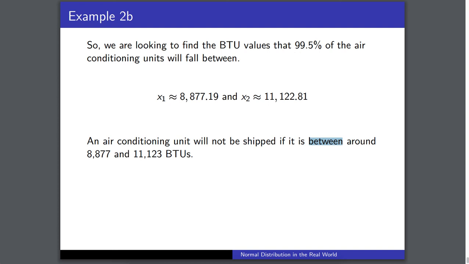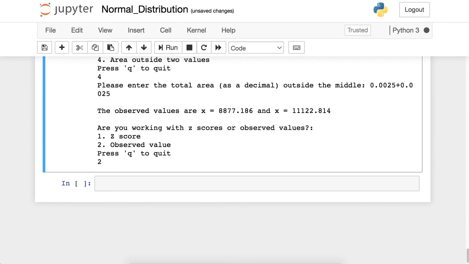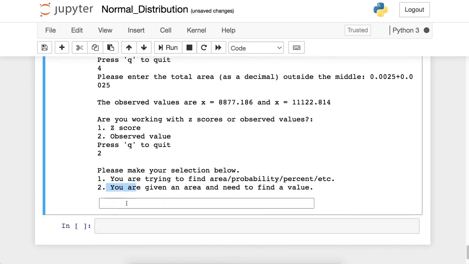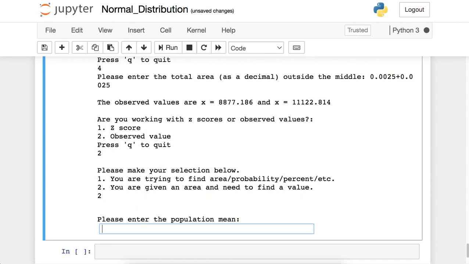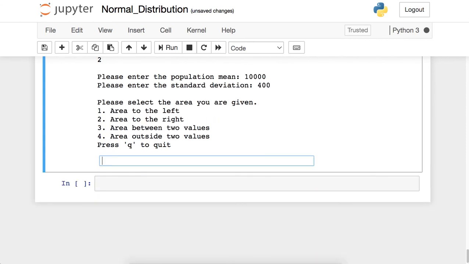Now, looking at it the other way, we'll go with observed value here, and then given an area, option 2, and then enter the population mean, 10,000, and standard deviation 400. This time we could calculate the area between the two values, so option 3.